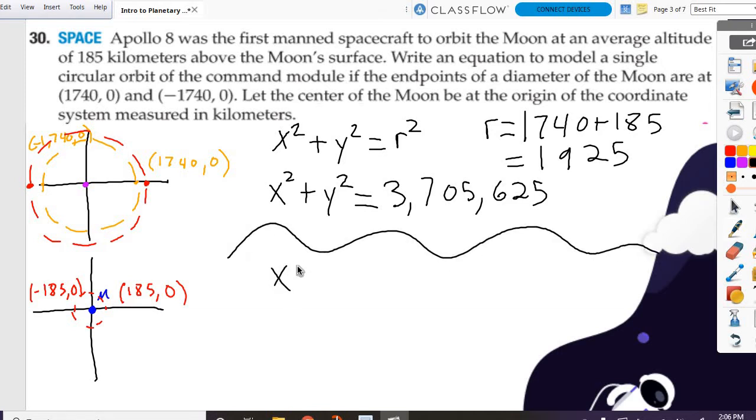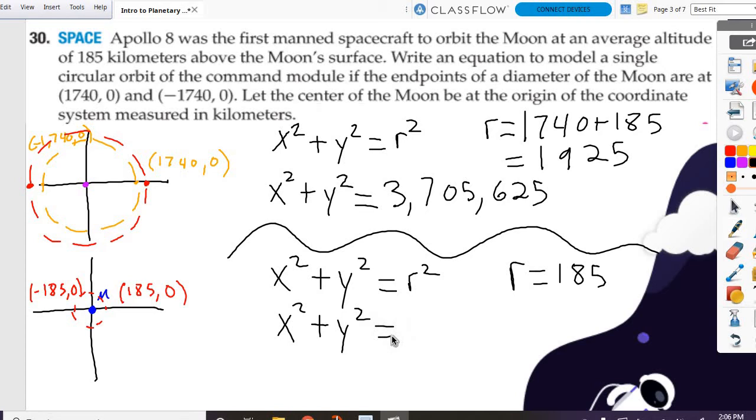Okay, so my h and my k are still going to be 0, so I still have x squared plus y squared equals r squared. But the only difference now is this time my r is just going to equal 185. And so we end up with x squared plus y squared equals 34,225.